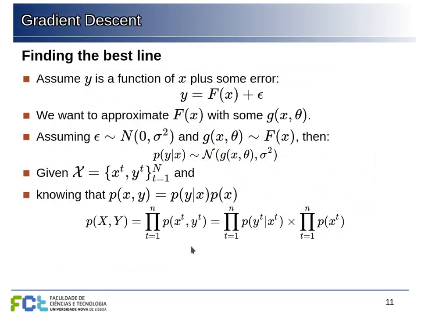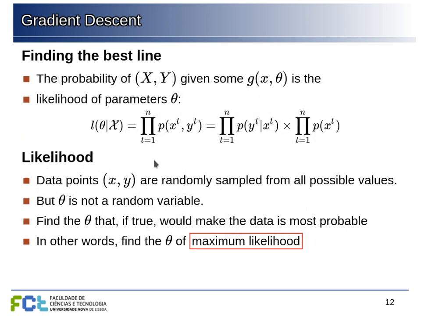And the criterion for finding the best parameters is finding the parameters that maximize the probability of our data under this assumption. In other words, the parameters are as likely as possible because they make the data more probable. So this is the maximum likelihood criterion.